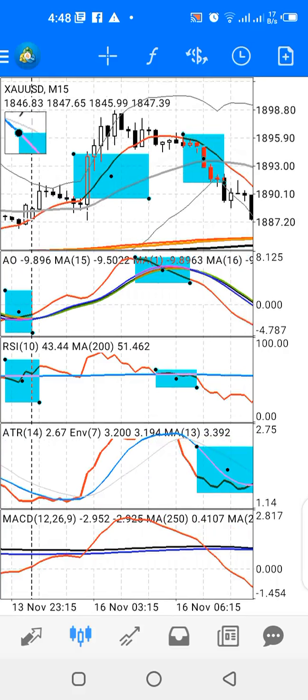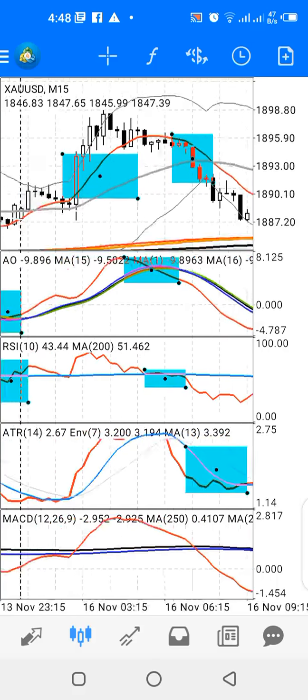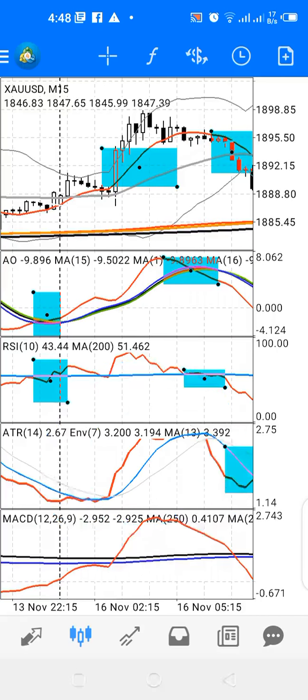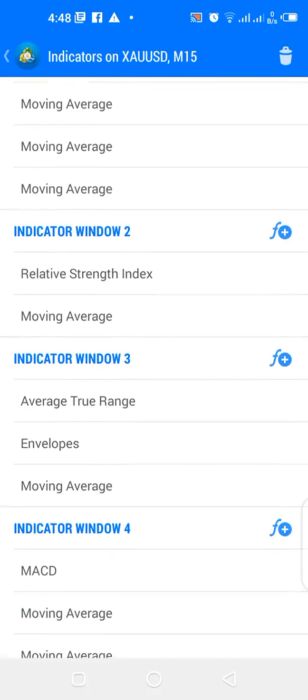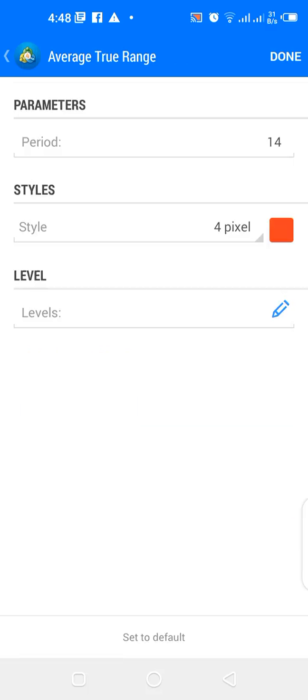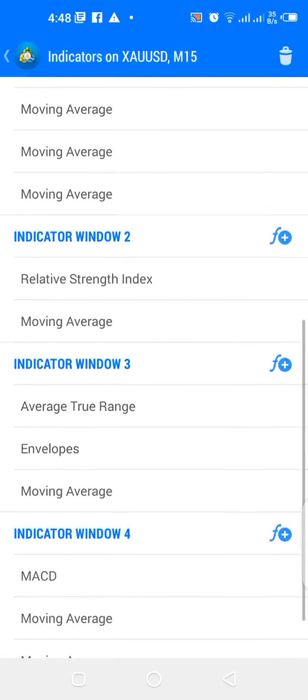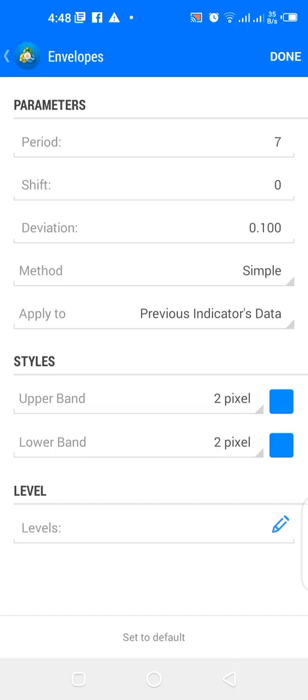Now let's look at indicator window 3. I was about checking the settings earlier. For indicator window 3, we have average true range, we have envelopes, and we have moving average. For the average true range, the period is 14 and the color is red. For the envelopes, we have the period is 7, shift is 0, deviation is 0.100.